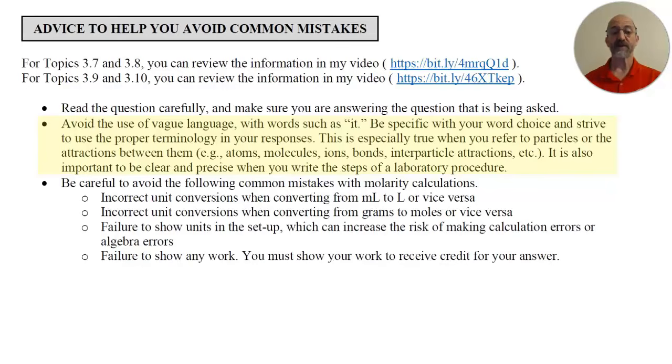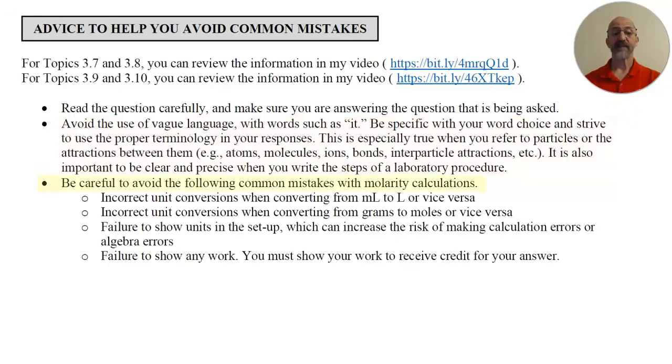So there is a difference between atoms, molecules, and ions. There's a difference between chemical bonds and interparticle attractions. So it's also important to be clear and precise with your language when you write the steps of a laboratory procedure, as we saw in question 4 of this lesson.